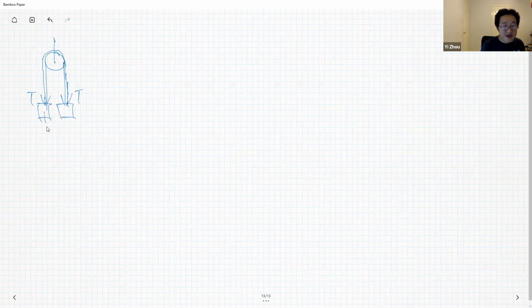So if we have something M and another thing M here, they will balance. The tension working on this M is going up. This tension is going up also. Usually we talk about a string with a force to the left and a force to the right.